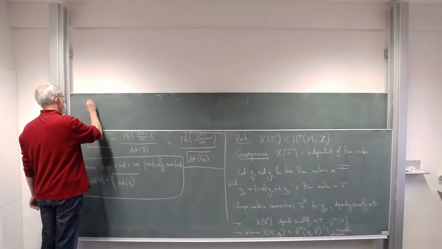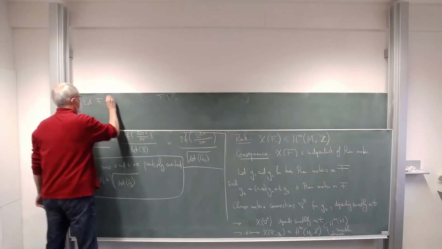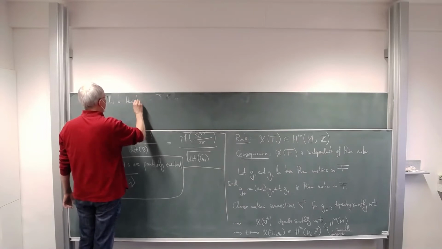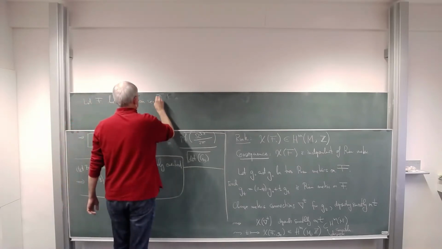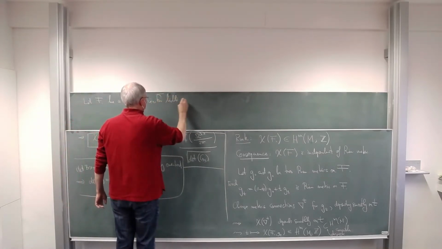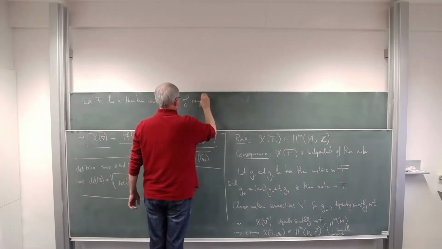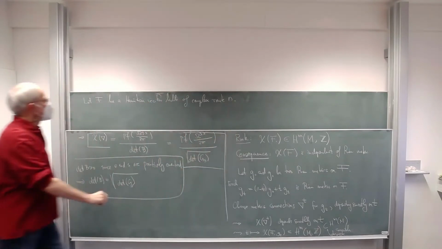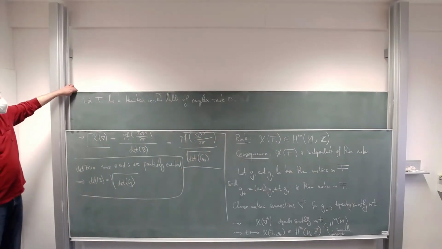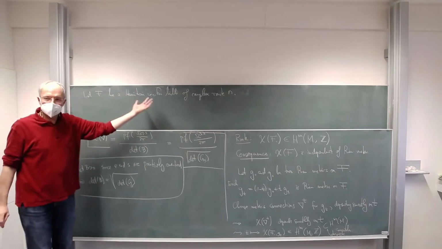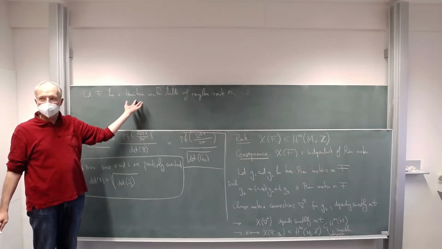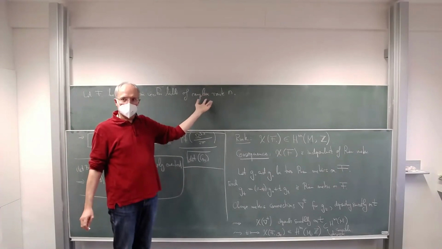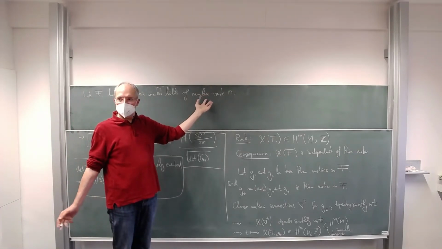So let F be a Hermitian vector bundle of complex rank n. Now, we can consider this as just a complex vector bundle, so we can forget the Hermitian metric. Then consider this as a complex rank n vector bundle, and then as such it has Chern class.